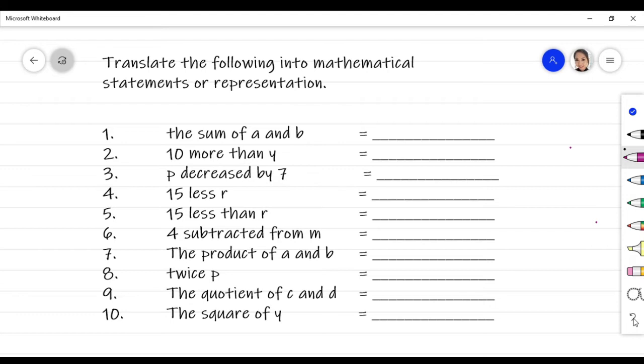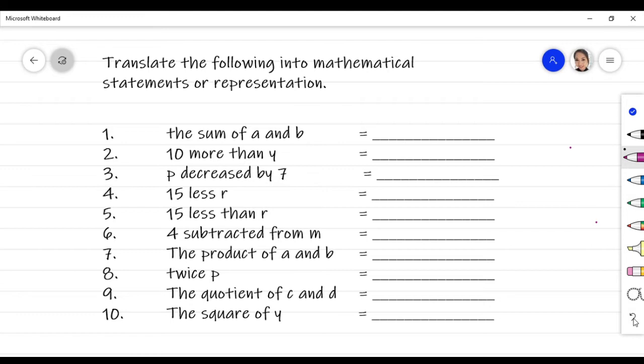statements or representation. Now, the words sum, more than, more, longer, plus are actually verbal phrases for the operation of addition, while decrease, less than, less, subtracted from are verbal phrases for subtraction.